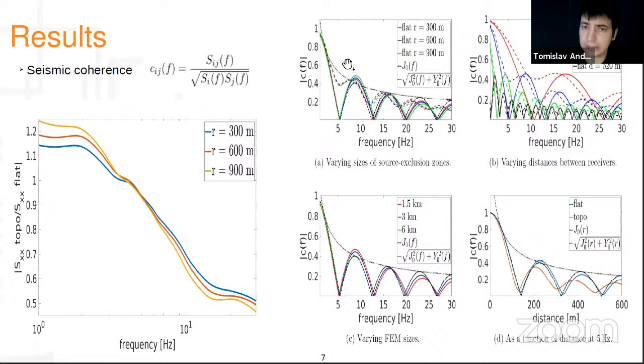With solid lines are the coherences for a flat model. And as you can see, these flat model coherences match pretty well with the analytical case, which is the seismic coherence of a flat surface isotropic Rayleigh wave field, which is just a Bessel function of zeroth order and first kind.